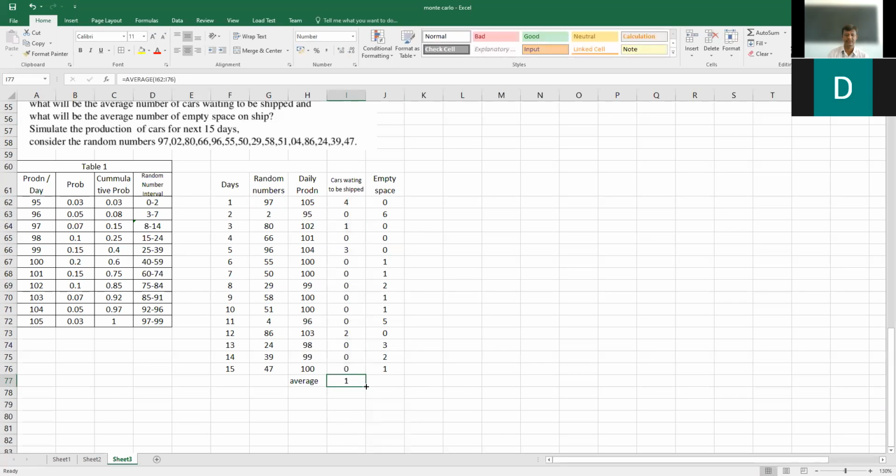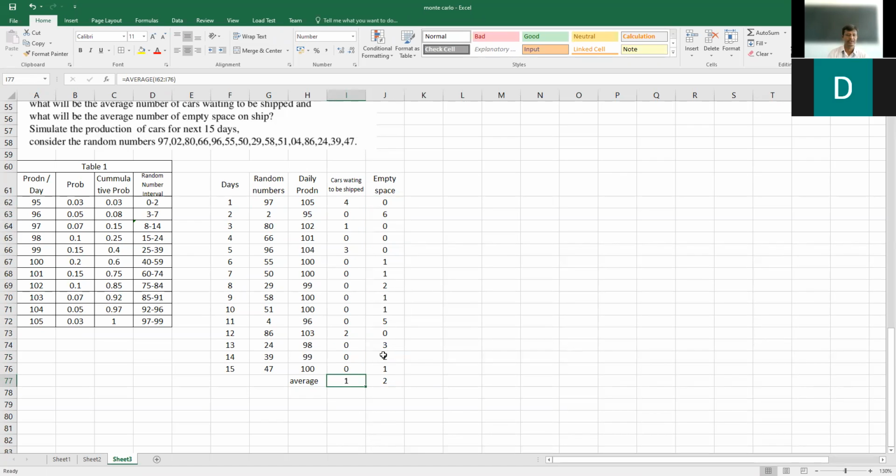Similarly, we find the average number of empty space in the vehicle. The average number of empty space in the vehicle is found to be 1.5, so we round it up to 2. So the average empty space in the vehicle is found to be 2 over the given period.